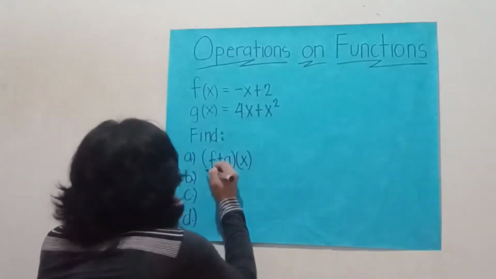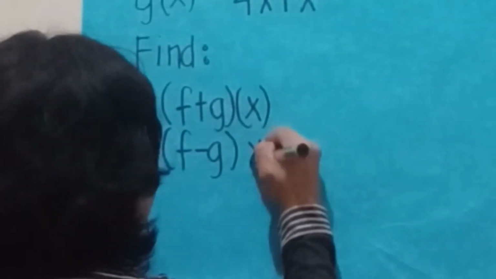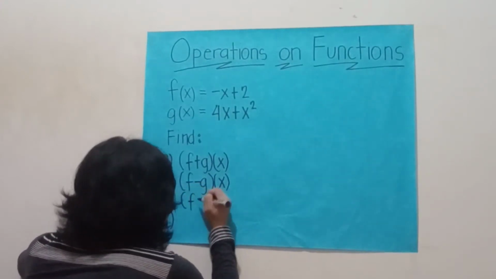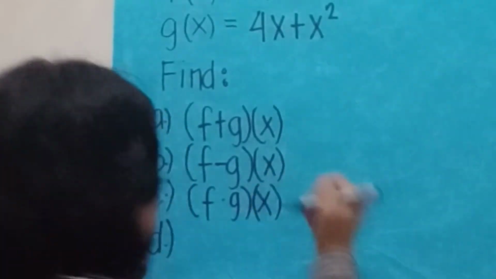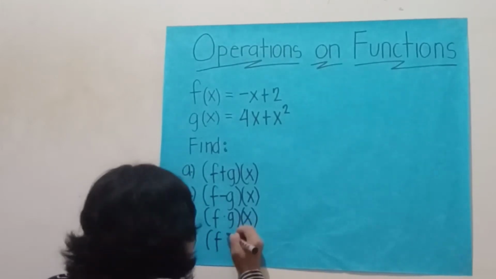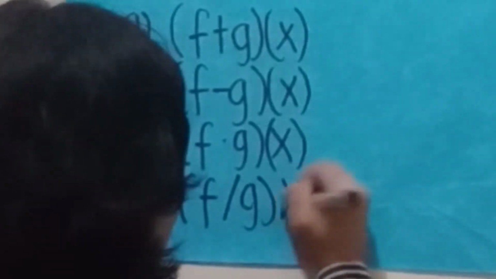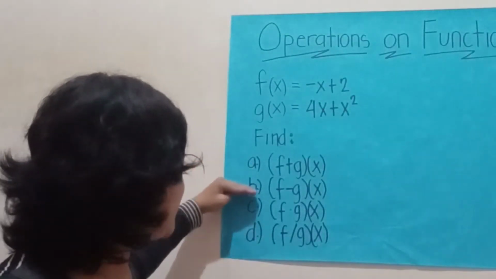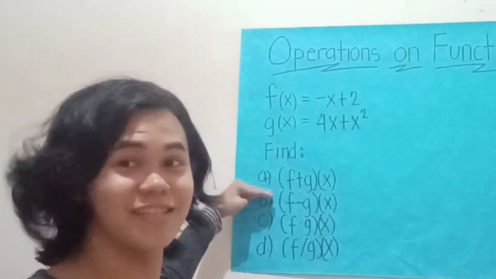Letter B, the quantity f minus g of x. Letter C, the quantity f times g of x. Letter D, the quantity f divided by g of x. So we are going to find A, B, C, and D. Let's start with letter A.